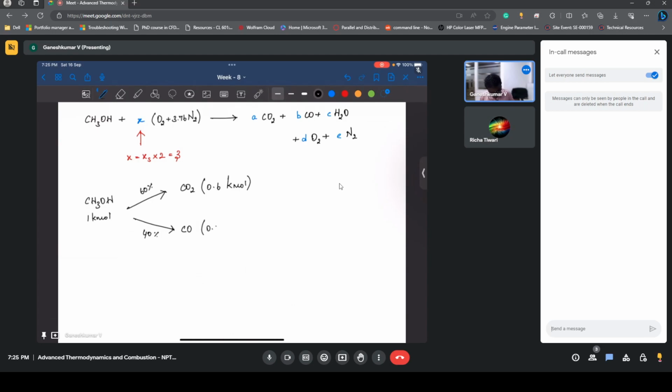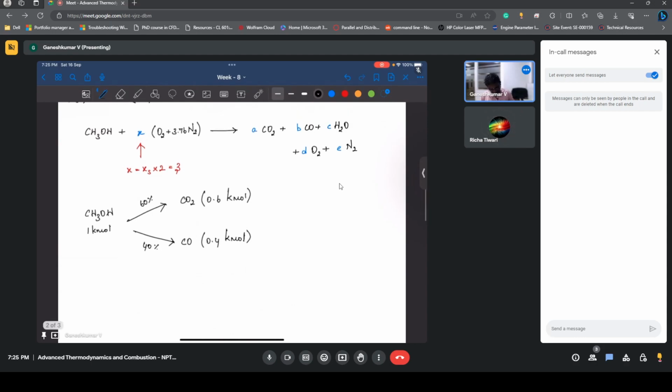Similarly here I will have 0.4 kilomole. Now in this reaction we could replace A to be 0.6, since we have 1 here, and B to be 0.4.